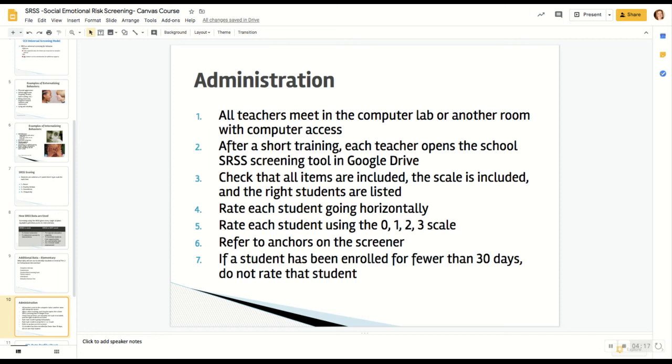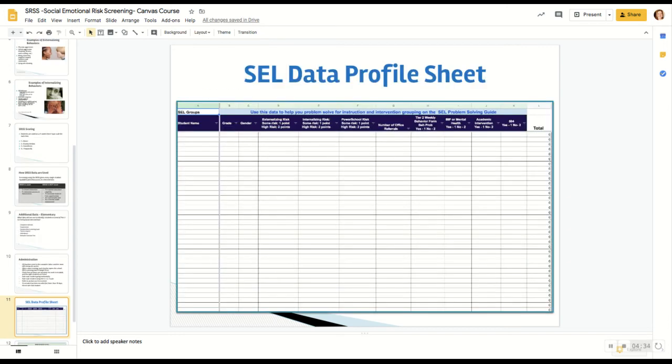And then there are anchors on the screener to remind the assessor of how to score for each indicator of behavior risk. And if they don't know the student well, for example, if they've been enrolled for fewer than 30 days, then you don't rate the student.